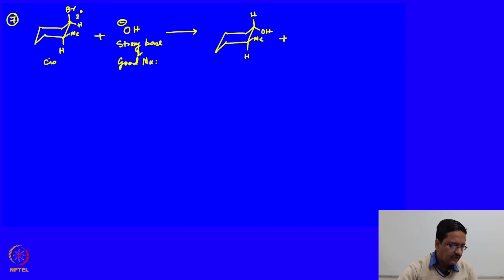And in addition, you would get the elimination product by eliminating this proton or that proton there, which are in the axial position. Therefore, you would end up getting two elimination products, which are these two.